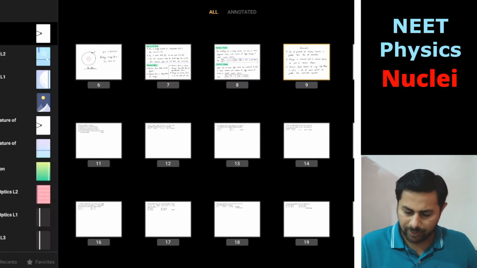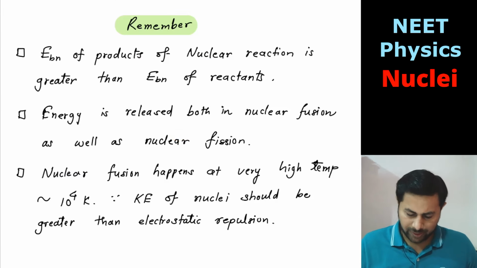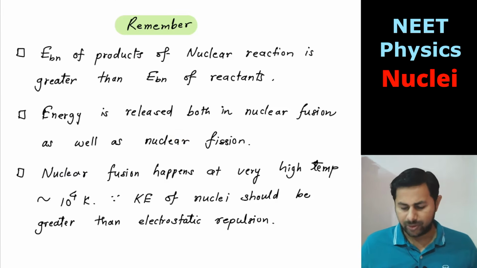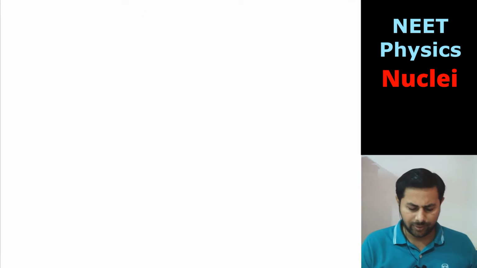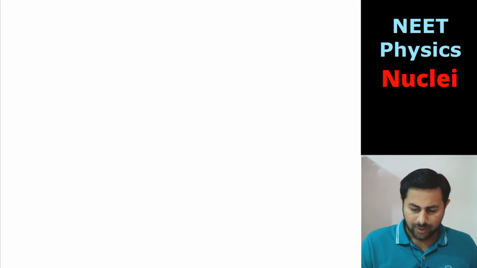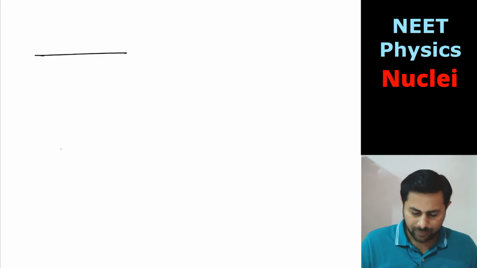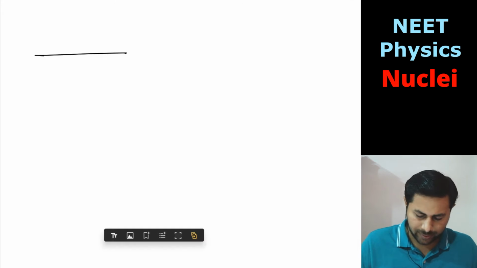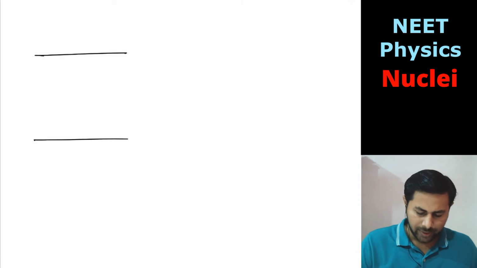And there is one more thing. We have seen that nuclear fusion and nuclear fission both are exothermic. Now why would it be so? See the reason. Suppose this is 0, and this is the binding energy of reactants, let's say.